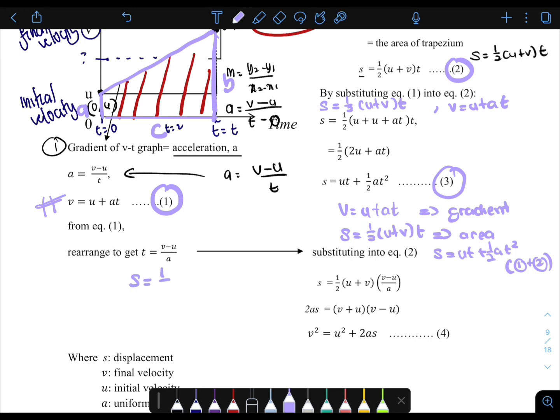Alright, so I'm going to rewrite my equation 2. Equation 2 was S equals 1 over 2 (U plus V) multiplied with T. After rearranging to make T the subject, I'm going to substitute T into equation 2 here.